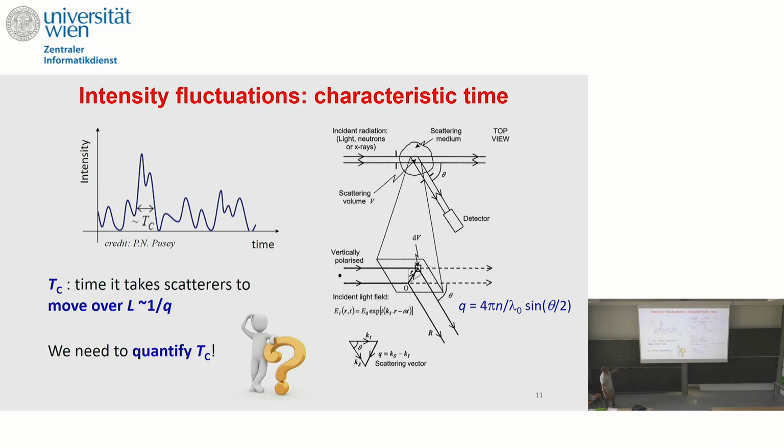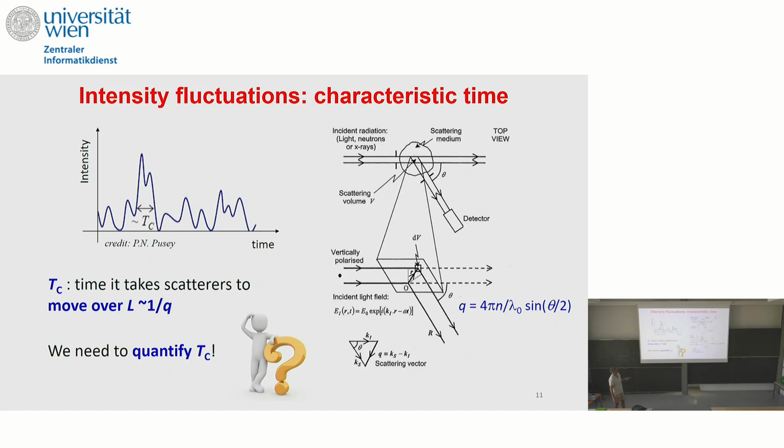So how do you know that, and what exactly does that mean? This magic length scale is 1 over q, and q is what is called the scattering vector. It is directly related to the scattering angle. So let's say that you have here your incoming beam. This is the scattered light. You place your detector at a scattering angle theta.